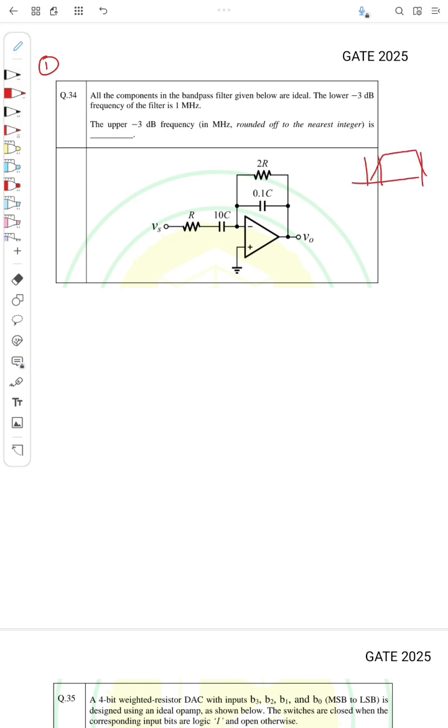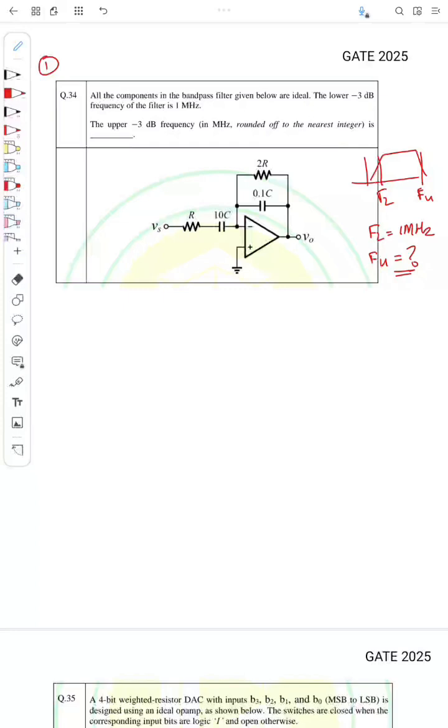it will have a lower cutoff frequency and an upper cutoff frequency, or higher cutoff frequency. So I'll call it FU. And given this lower cutoff frequency FL is equal to 1 megahertz, the question is to find the upper cutoff frequency.